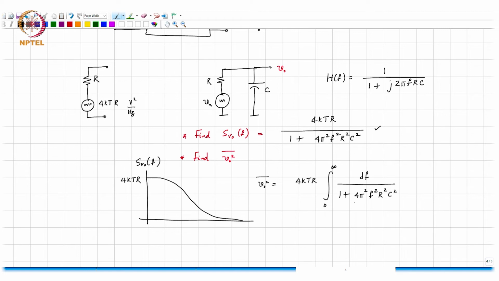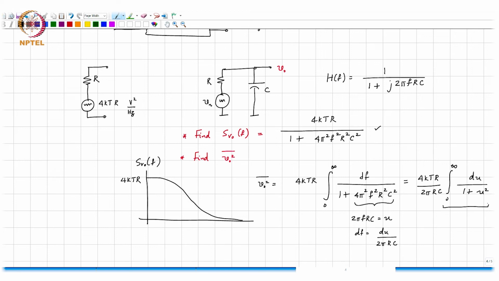And well, you use 2 pi FRC as u, and df is nothing but du by 2 pi RC. So, this is nothing but 4 kT R over 2 pi RC integral 0 to infinity du by 1 plus u square.